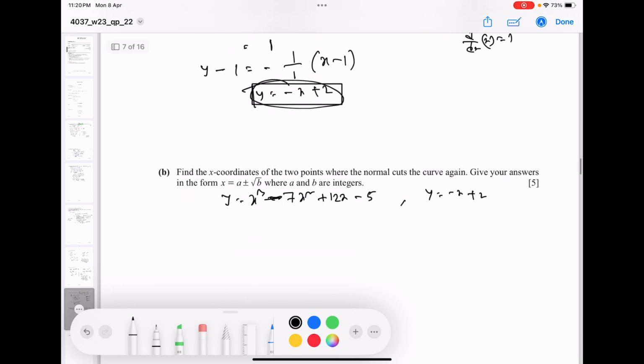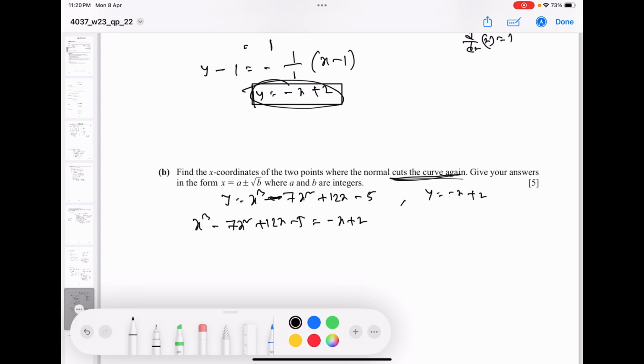Since it cuts the curve again, the important clue is that we need to solve these two equations simultaneously. So x cubed minus 7x squared plus 12x minus 5 equals minus x plus 2.